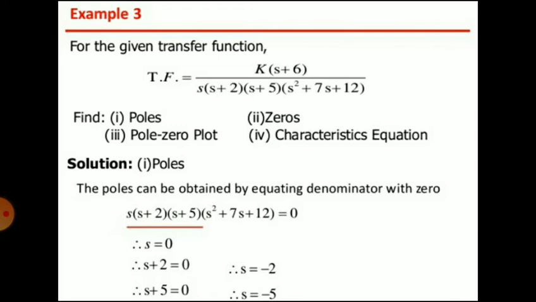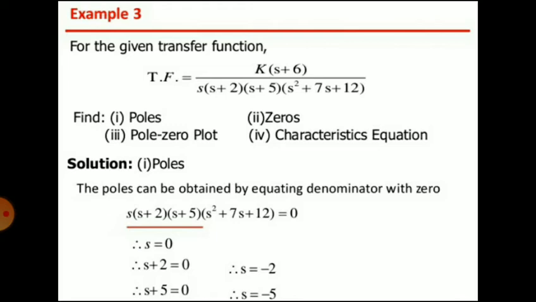So s into s plus 2 into s plus 5 into s square plus 7s plus 12 equals 0. That is the denominator, which we equate to 0. Now find out the roots. From the first three terms, s equals 0, s equals minus 2 and s equals minus 5.